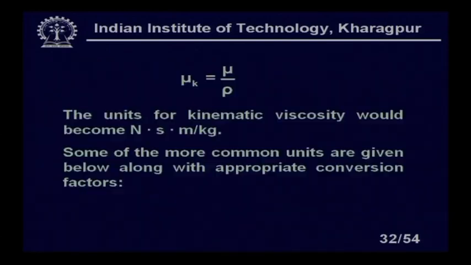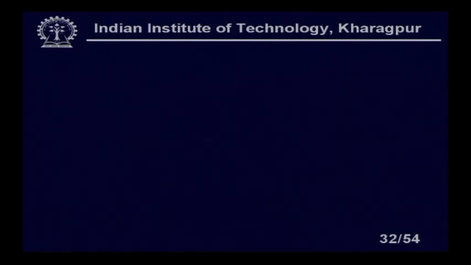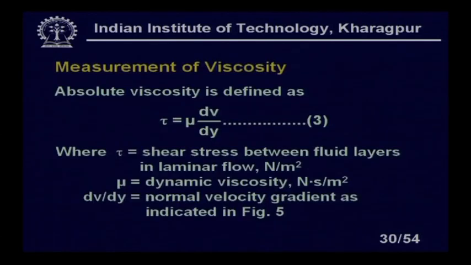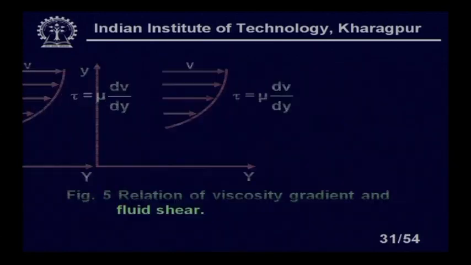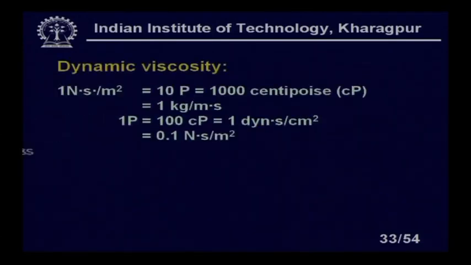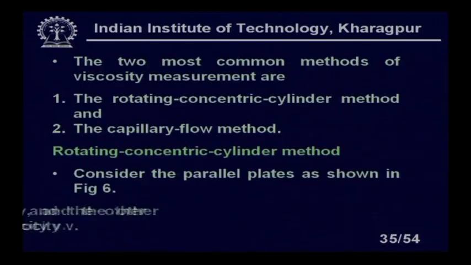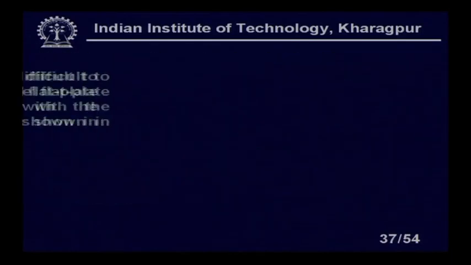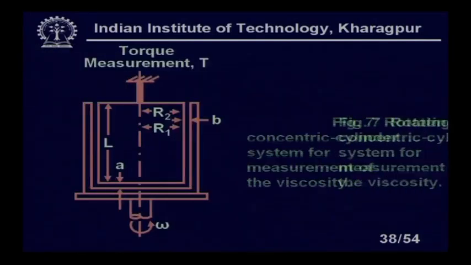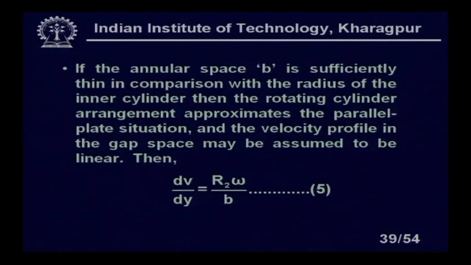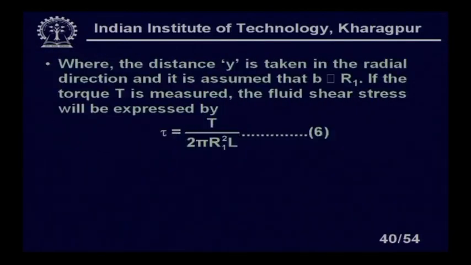In the very beginning we have the equation of the absolute viscosity, then 5 and 6.